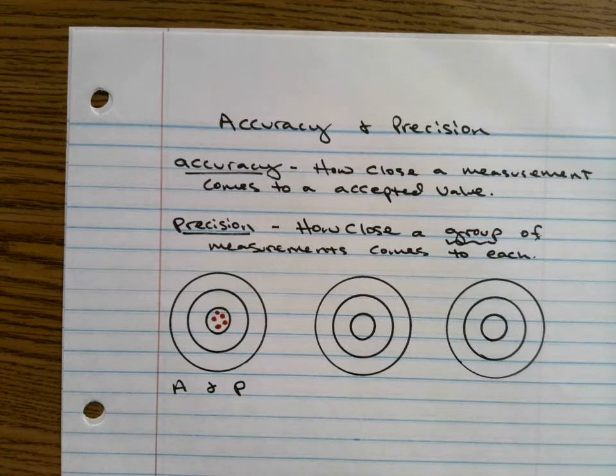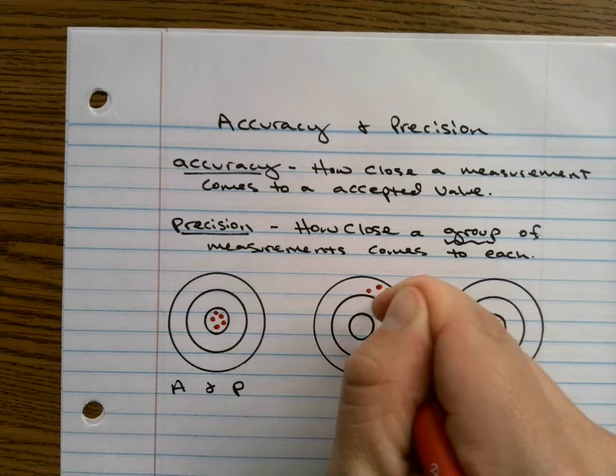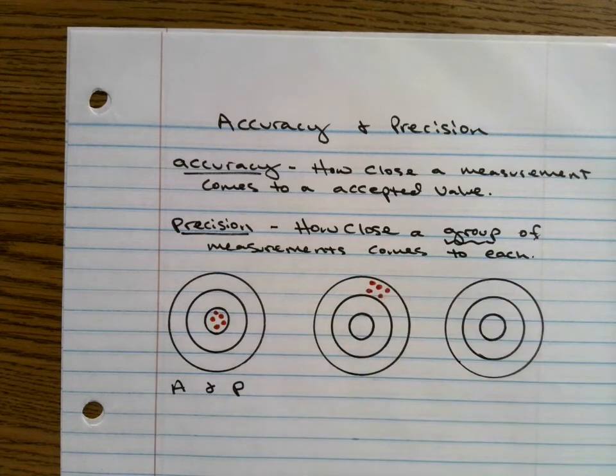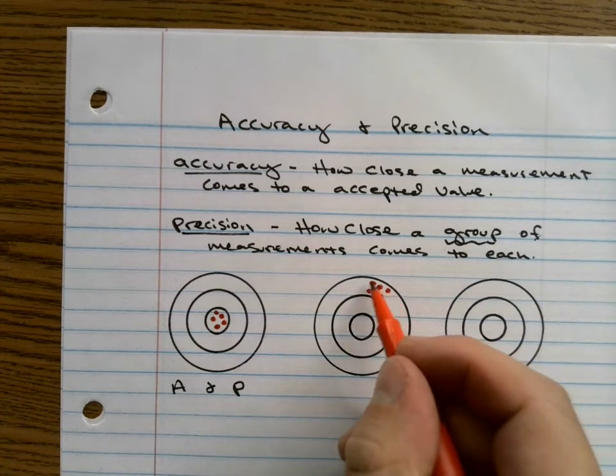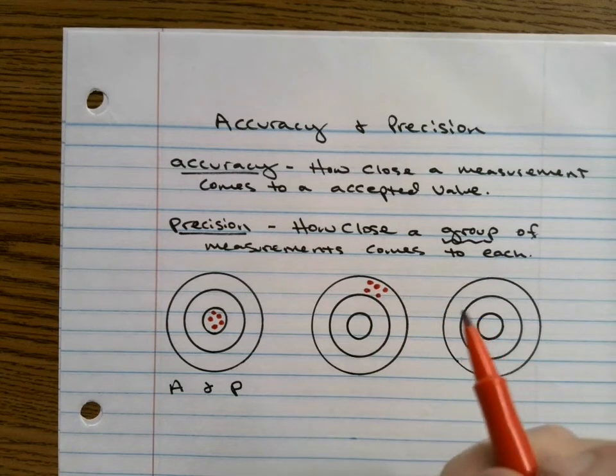Okay. Now, what if I'm at the range and I'm shooting a rifle, and I'm getting it tuned in for the hunt in the season, and I do my first round of shooting, and I find that all of my bullets are hitting this end of the target. Yeah, there's a very tight grouping here, which means there's some high precision.